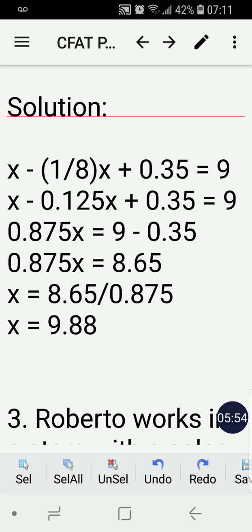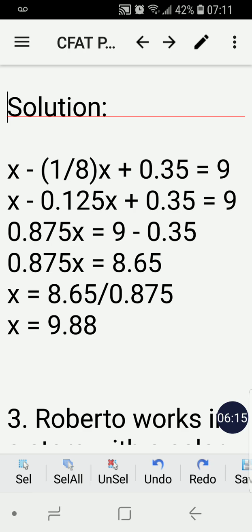Now we need to move the 0.35 to the right side of the equation. So then we get 9 minus 0.35, which is 8.65.